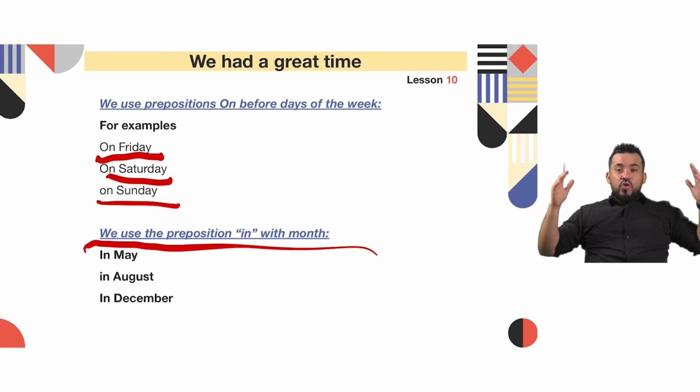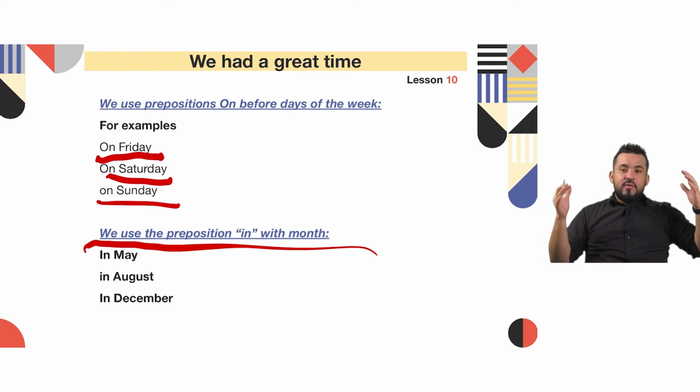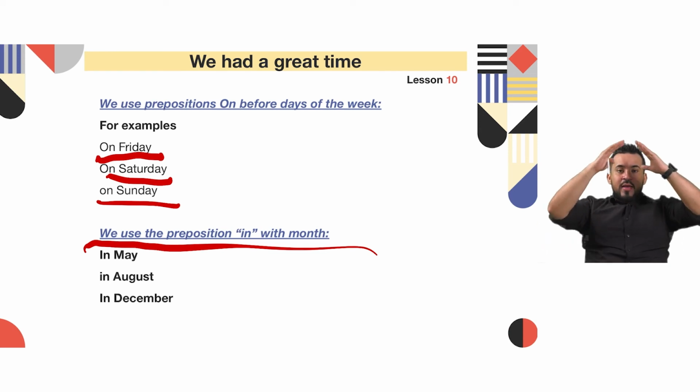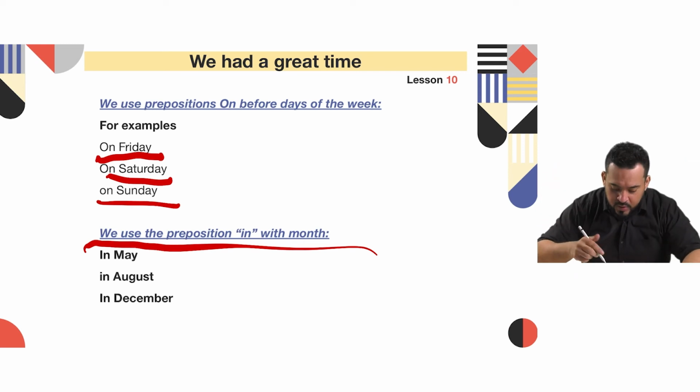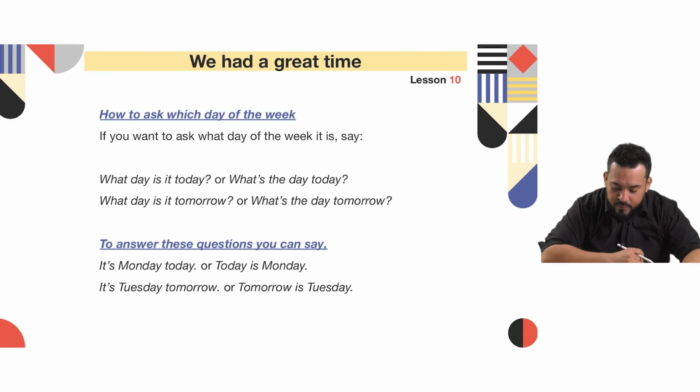For in, we will use months, weeks, years, or seasons, like in 1989, or in February, or in summer, okay? So, at is specific, on is a bit larger, yet somewhat specific, and then in is very large, the biggest. In May, in August, in December.